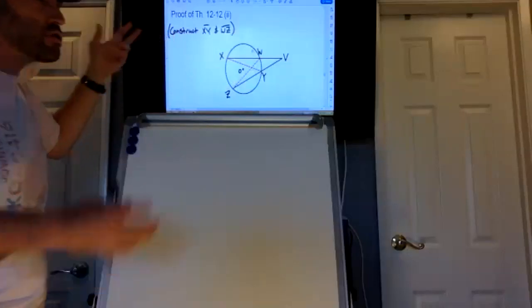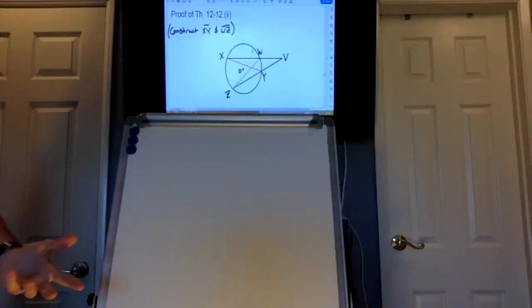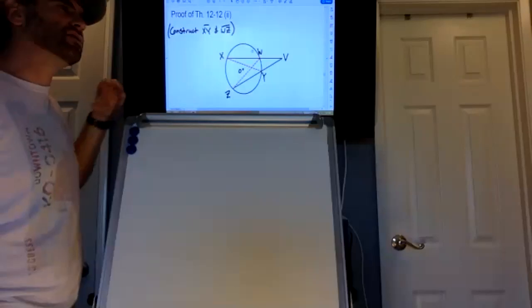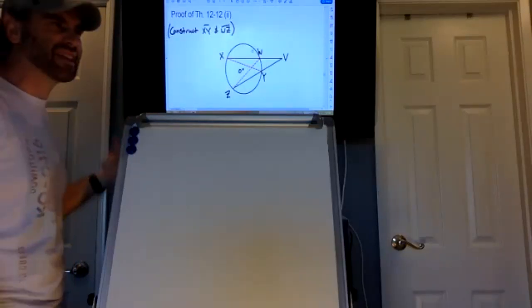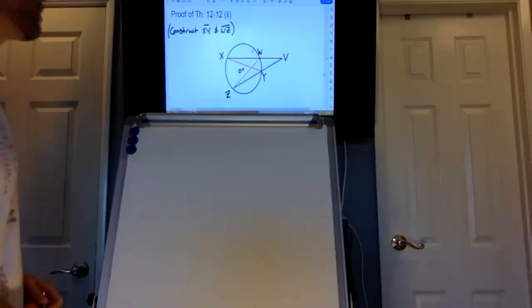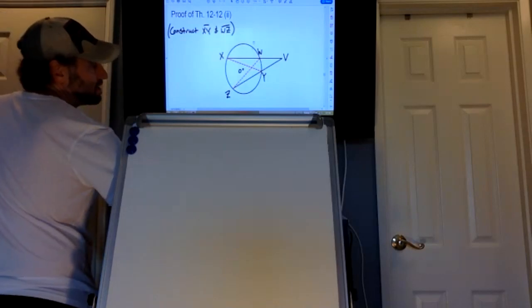So that's what you're trying to manipulate geometrically. Usually we're used to manipulating equations in algebra. Now we're manipulating geometric figures and auxiliary segments. It's interesting to think about it that way. We're manipulating geometry so that we can prove something is true. And that's really doing geometry.